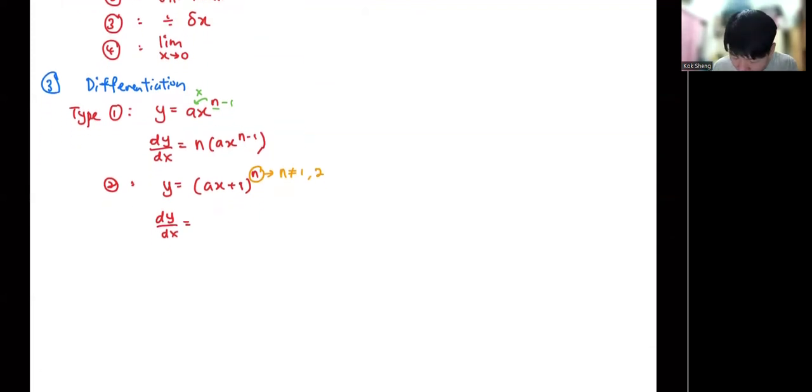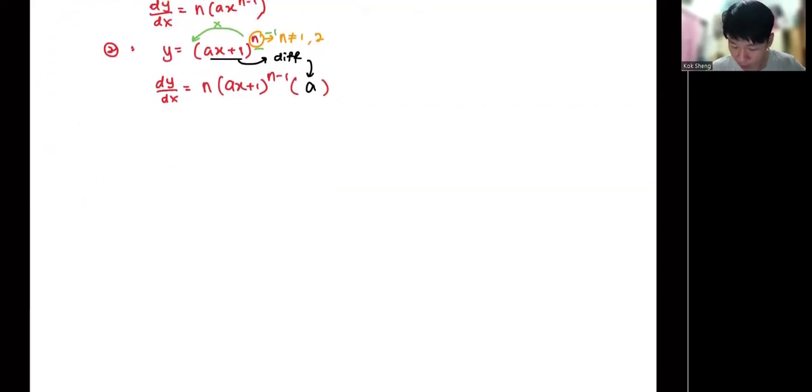dy over dx equals to, same thing, you have to do 2 times. Start from the power outside the bracket, same thing, times to the front minus 1. You can see the color, right? So it gets something like this: the n times to the front, and the n needs to minus 1. That is the first time.